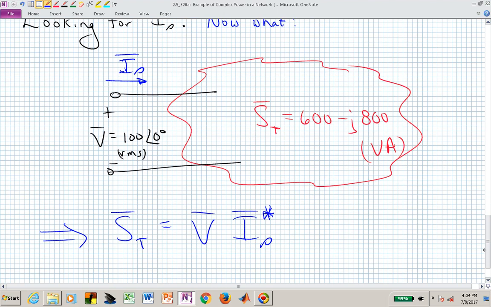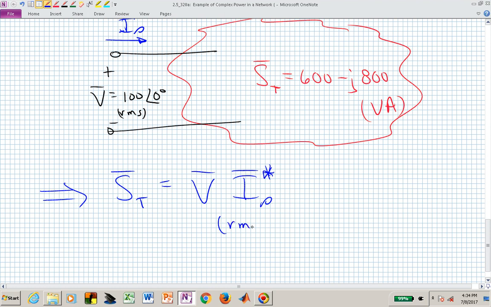And now that we know the left-hand side, the total complex power, and half of the right-hand side, the voltage phasor, we can solve for the current phasor. And remember, we're using RMS for voltage and current in this particular case.